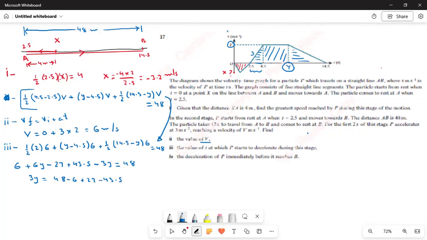So this will give me 25.5. From here, Y is equal to 25.5 over 3, so it is giving me 8.5. And the units will be seconds. Okay, so this is my third part.